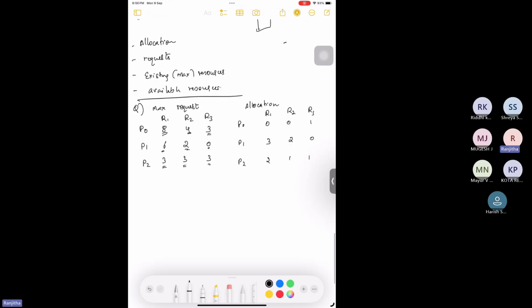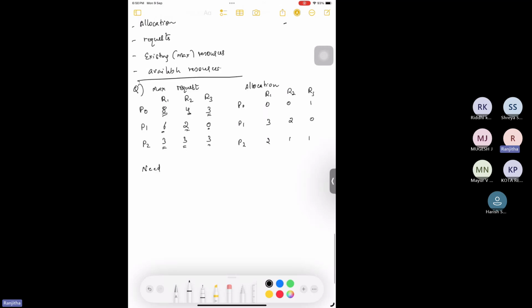Okay. Now, can you tell me what will be the need matrix? Need matrix means how many more each process would require? P0, P1, P2, R1, R2, R3.